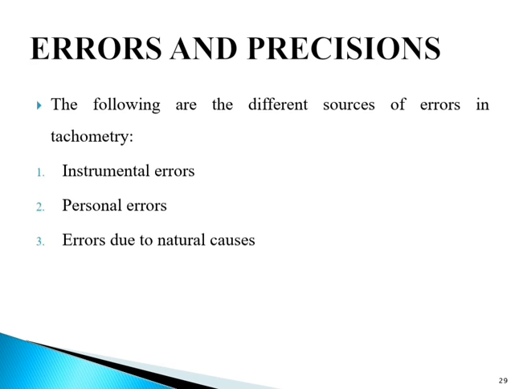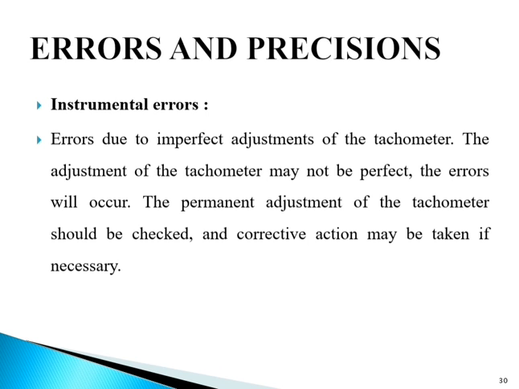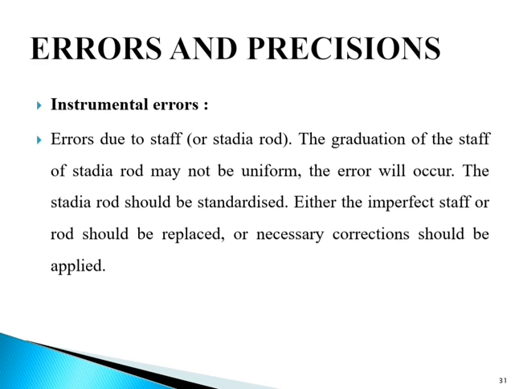The following are the different sources of errors in tachometry: instrumental errors, personal errors, and errors due to natural causes. If we talk about instrumental errors due to imperfect adjustment of the tachometer, the adjustment of the tachometer may not be perfect and errors will occur. The permanent adjustment of the tachometer should be checked and corrective action taken if necessary.